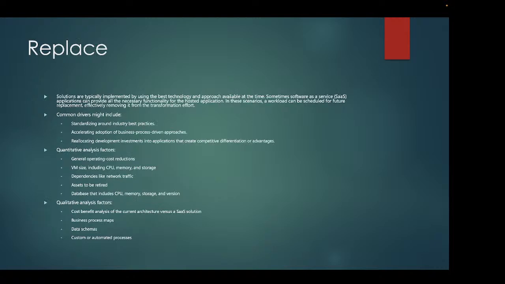The last one is replacing. In replacing, you might or might not consider too much about whatever you have currently, but what you are going to do is replace it with something totally new. For example, you might have a customized WordPress application hosted somewhere in a data center, but you might think about going with the SaaS offering on Azure for WordPress.